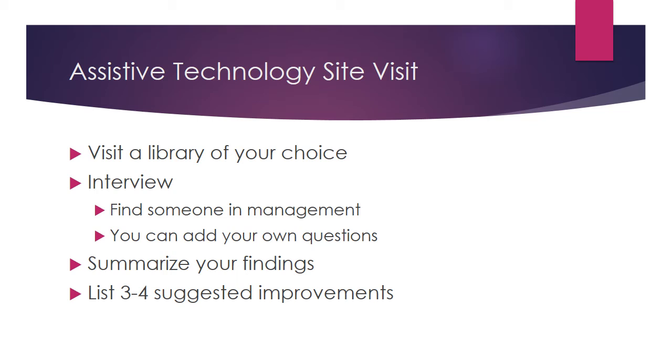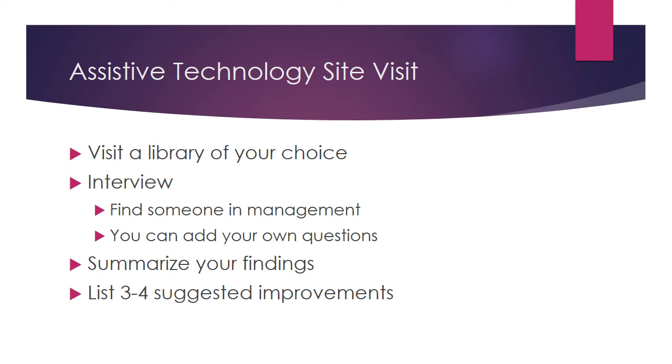I would suggest, first of all, that you try to find someone at the management level of the library, simply because it's possible that a random person at the desk that you talk to may not have a whole lot of knowledge about what assistive technologies are available. Now, you could argue that they really ought to, but I really don't want an assignment that basically says, well, I asked these questions and nobody knew the answer.